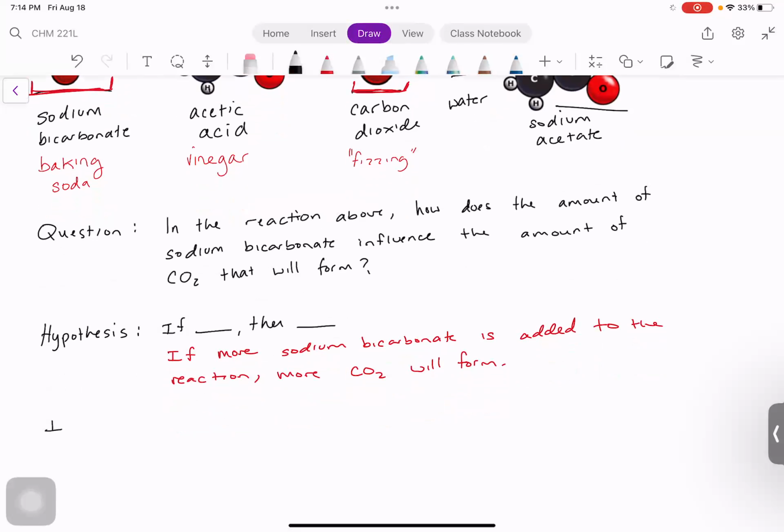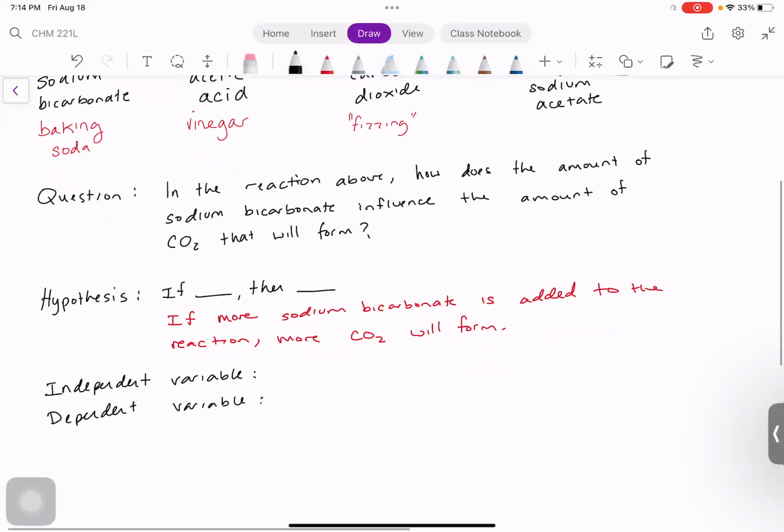So in this case, we need to know what is the independent variable. So what's the variable we're going to change? What is the dependent variable? And then what are variables that we want to control? So controlled variables.